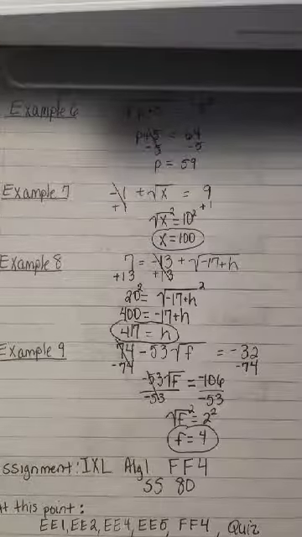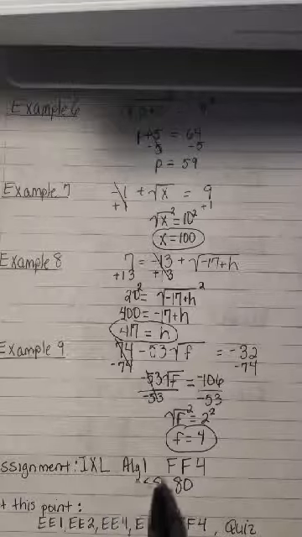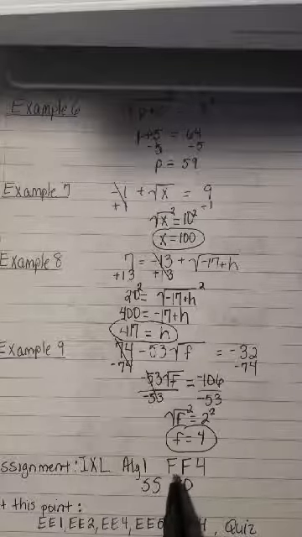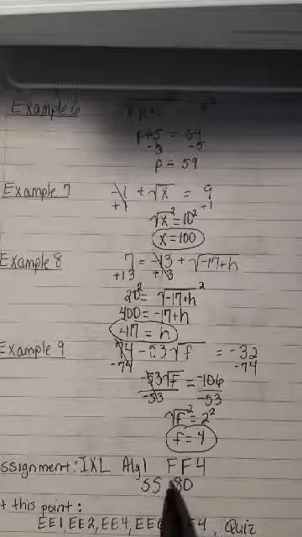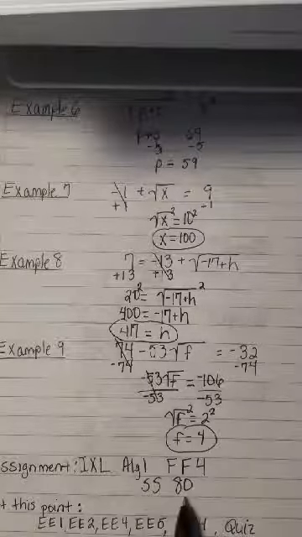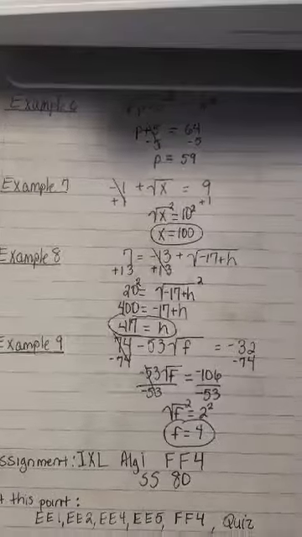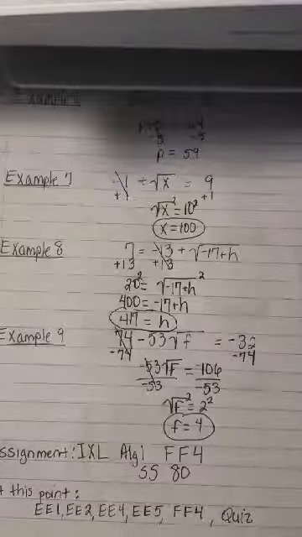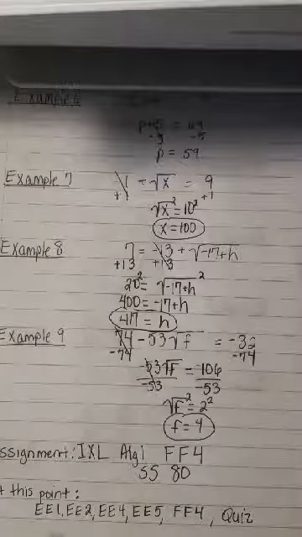So if you'll look at your assignment, another IXL, Algebra 1, make sure you skip to the F's. We're going to do FF4. We're through with the EEs, and now we're doing FF4. SMART score of 80. And then I just jotted down here something to make sure that you can check off the assignments we've had.